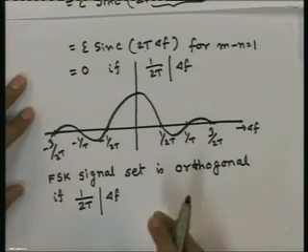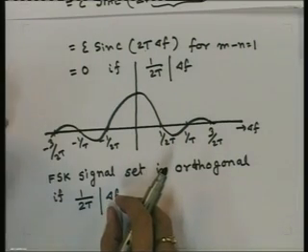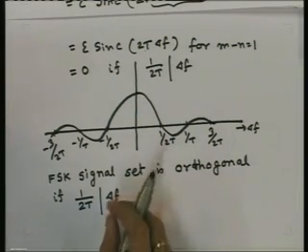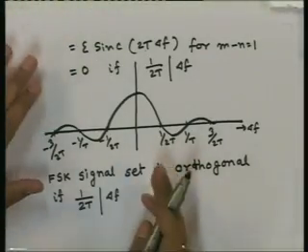So the step frequency delta f, if that is a multiple of 1 by 2T, then we have seen that the FSK signal set is an orthogonal signal set. So all the signals are orthogonal to each other. That is true if the step frequency is a multiple of 1 by 2T. Okay. So let us draw some example orthogonal FSK constellations.